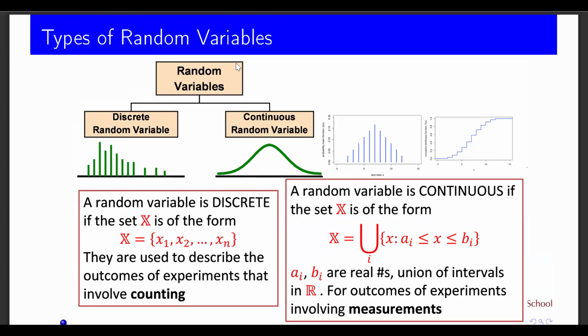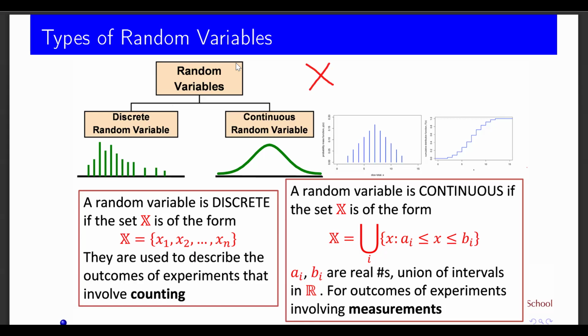A random variable is defined based on whether it's discrete or continuous. It's a variable that has the chance of occurring in any series. It can be discrete, it can be continuous. What is the difference between a discrete random variable and a continuous random variable? By the way, in case you don't know, the random variable is given by the letter X.